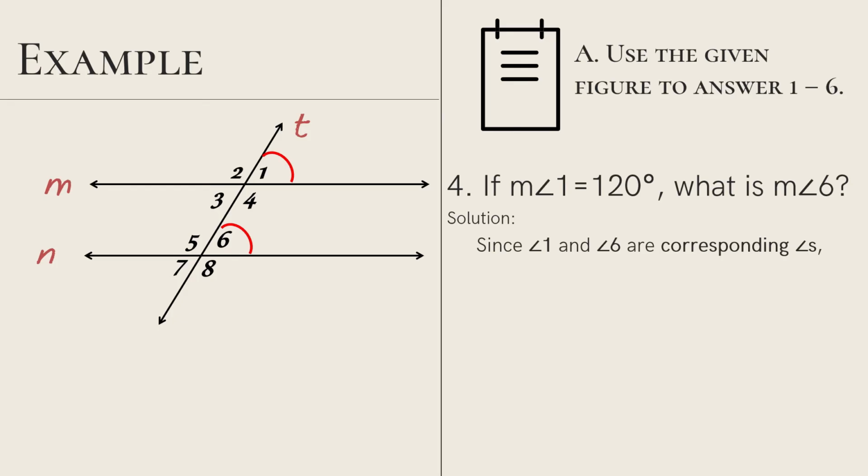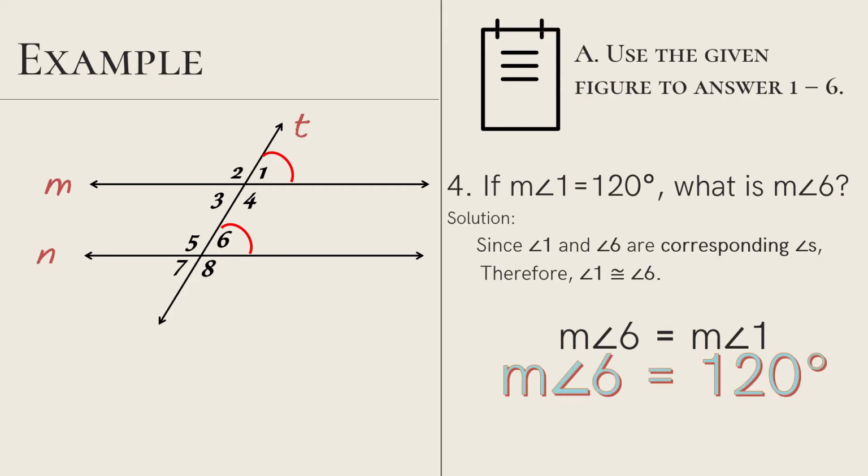And we know that corresponding angles are congruent. Therefore, the measure of angle 1 is also equal to the measure of angle 6 since they are corresponding angles. Therefore, the measure of angle 6 is equal to 120 degrees.